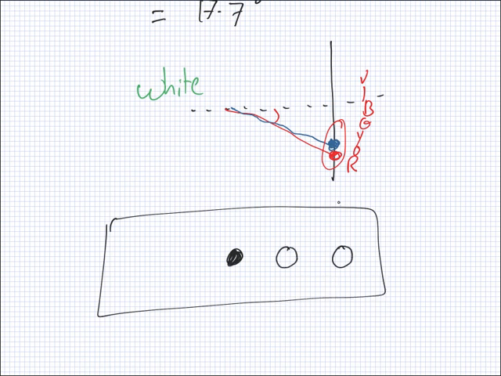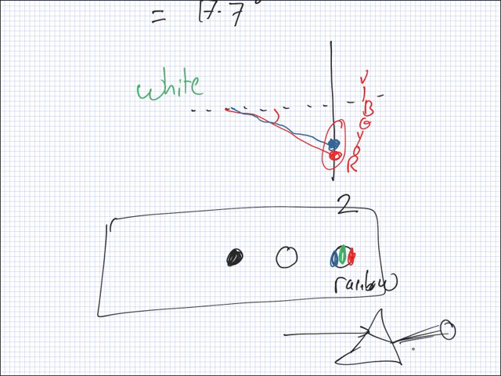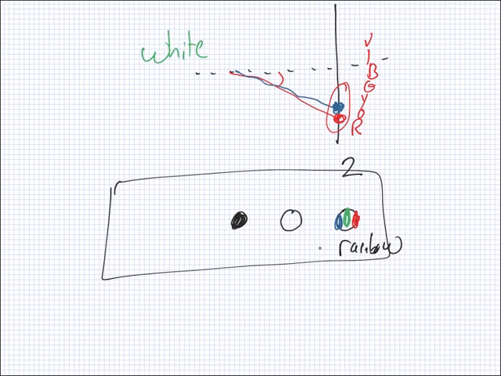For example, for the second one, you'll have red, then orange, then yellow, then green, then blue, and so on. You kind of know this because you see this happen when you have a prism and you put in white light. You get a little rainbow. And the reason for that is because there's a different angle for each colour. So that's how it splits it into the little rainbow of colours. Okay? So the answer is you'll get a rainbow of colours.